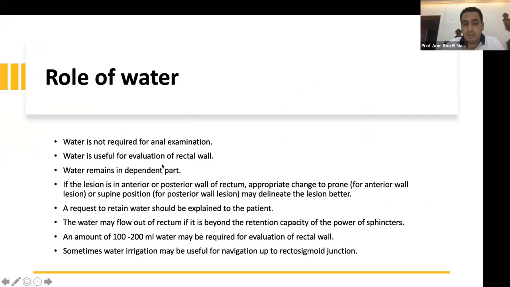Water remains in the dependent part. We use approximately 100-200 milliliters of water, and we explain to the patient to retain the water inside. We recommend using this maneuver when the patient is slightly conscious.